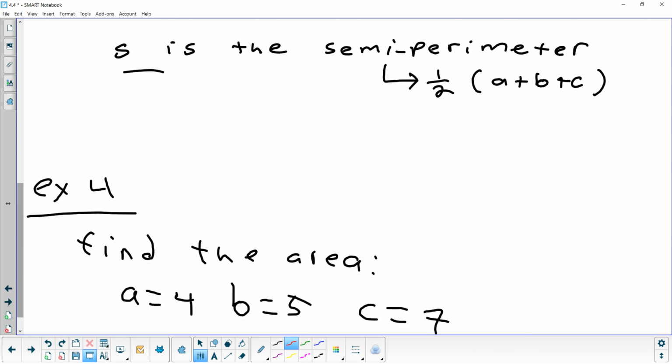So, find the area of a triangle that has sides 4, 5, and 7. Okay, so we've got A, we've got B, we've got C. Aiden, what's the other letter we have to find?